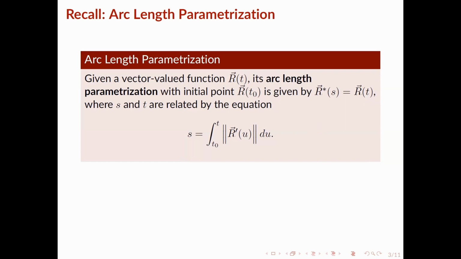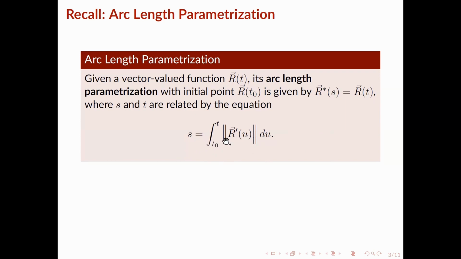How would we calculate an arc length parameterization in practice? Well, first we need to calculate t naught because this gives us the initial point, which is R of t naught. After that, we need to calculate the equation relating the arc length parameter and the original parameter.